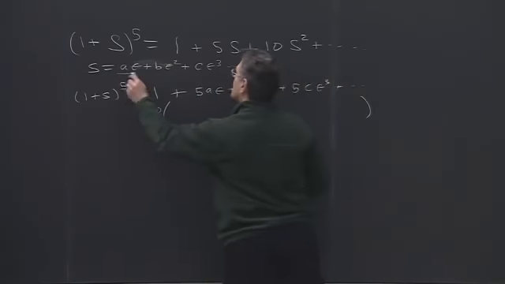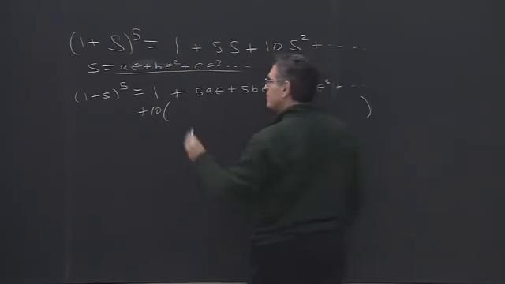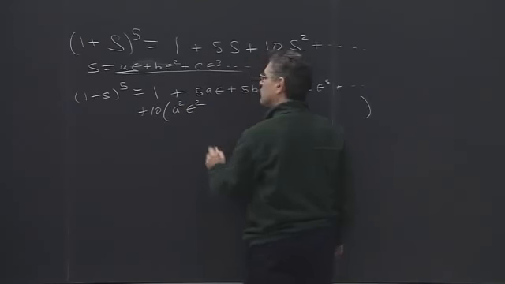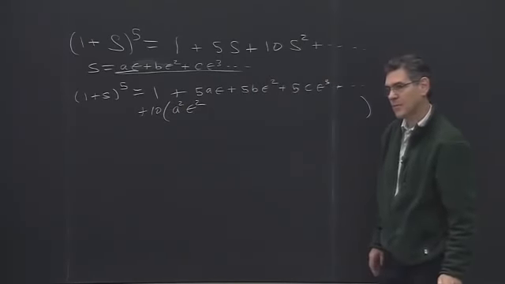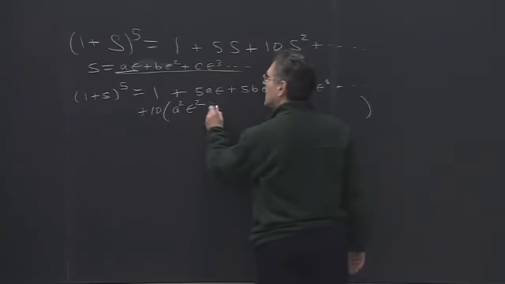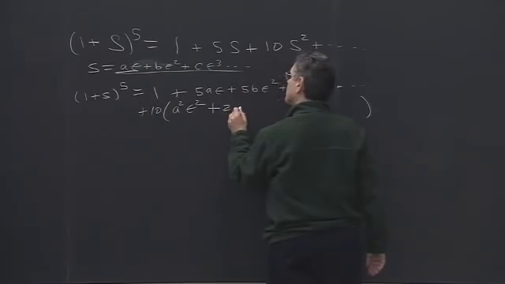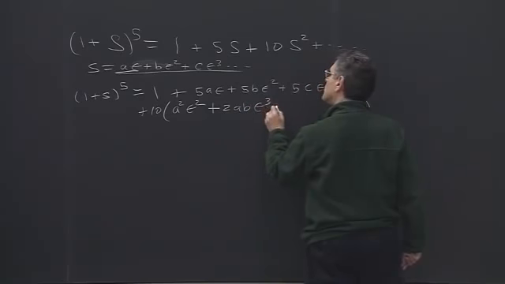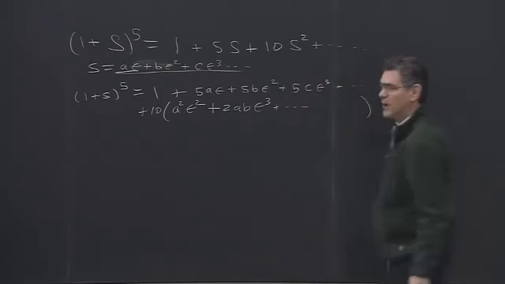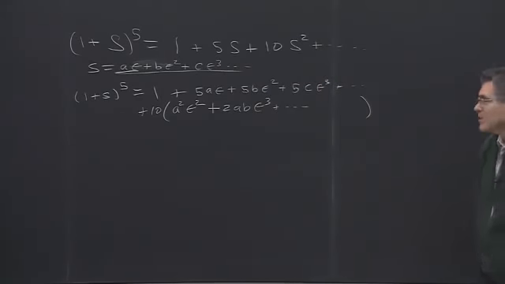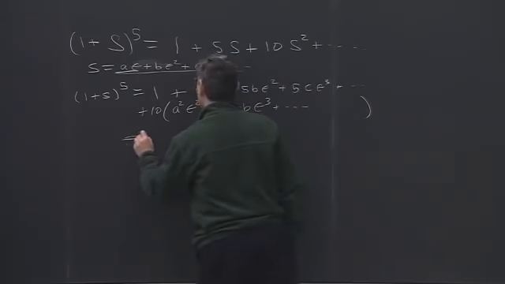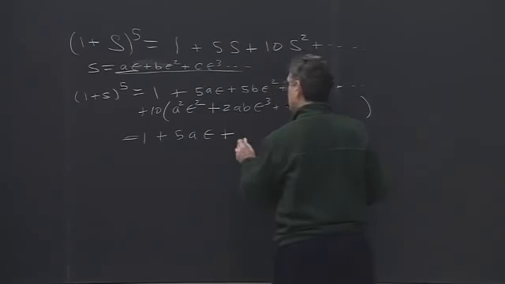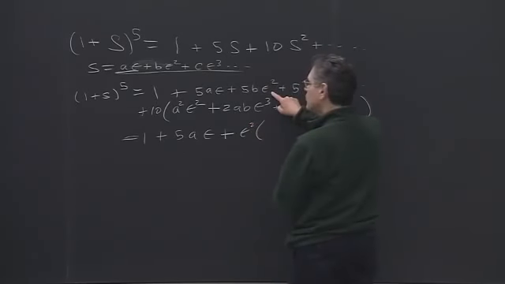Okay? So if you square that guy, what do you get? Well, first we'll square this term, and you get A squared epsilon squared. Right? And then you get 2AB epsilon cubed, and more terms, and I'm tired already. Okay? So if you write this out, you get 1 plus 5A epsilon plus epsilon squared, and there are 2 terms.